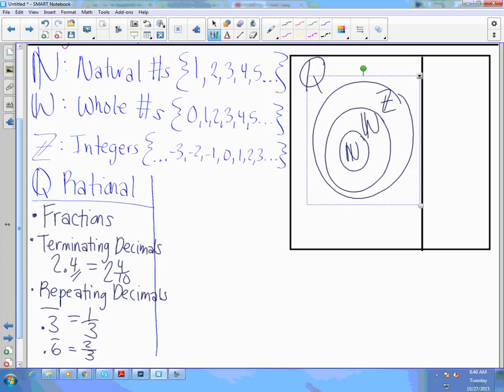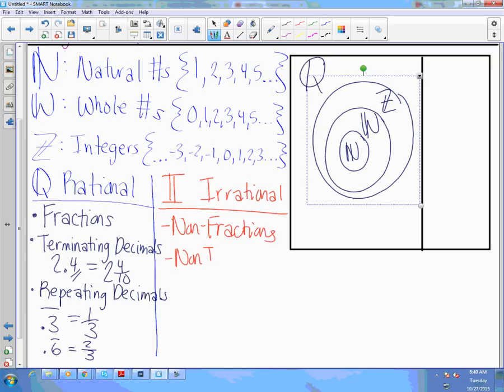Now, there's something that's the opposite of rational. Irrational. That's where the I comes in. Irrational numbers are the opposite. So they are non-fractions. You can't say them as a fraction. They are non-terminating decimals.